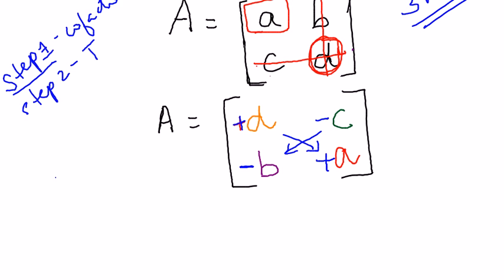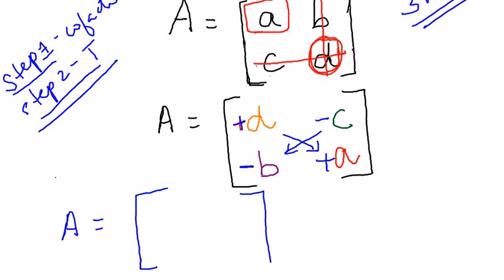Okay. Now the next step 2 is to get the transpose of this. So what is transpose? The row becomes column and the column becomes the row, right? So D and minus C is a row here, that becomes the column, right?